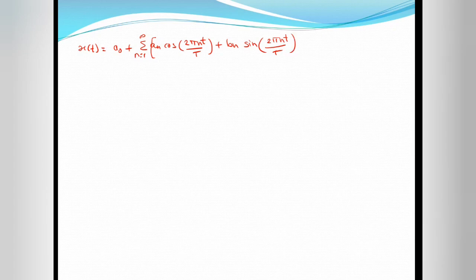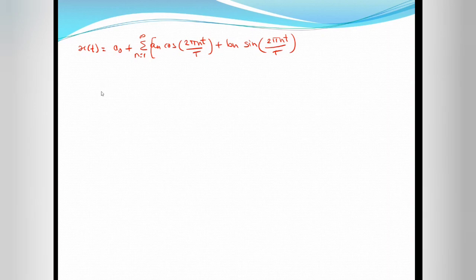The equation is given by the formula x of t is equal to a0 plus summation n is equal to 1 to infinity an cos of 2 pi nt divided by T plus bn sine of 2 pi nt divided by T. In this we are going to find the coefficients a0, an and bn.